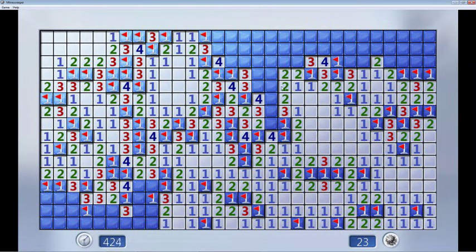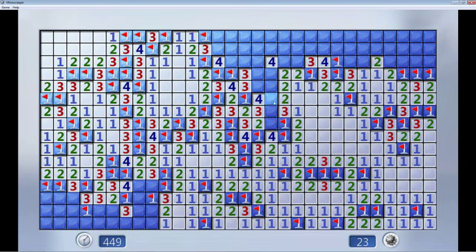No matter how I arrange the 2 mines for this cell, it's either like this, or like this, or like this. In all 3 of those cases, one of the mines of this 2 is going to be counting towards this 2. So basically, one of its mines is over here, and another of its mines is going to be over here. It has to be, and that means this cell is safe.